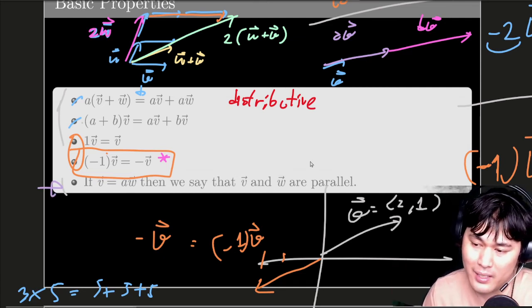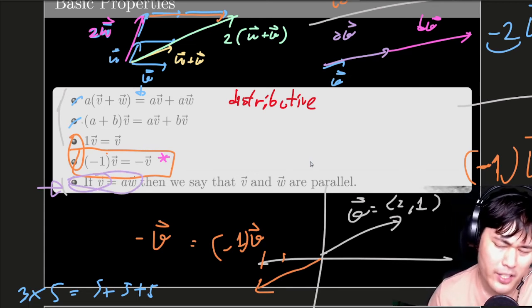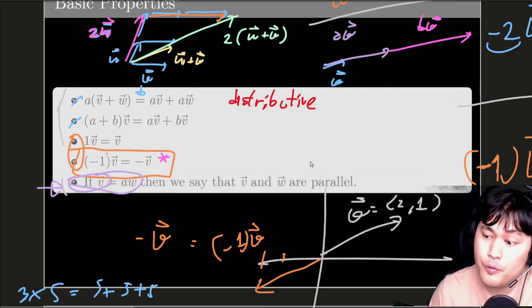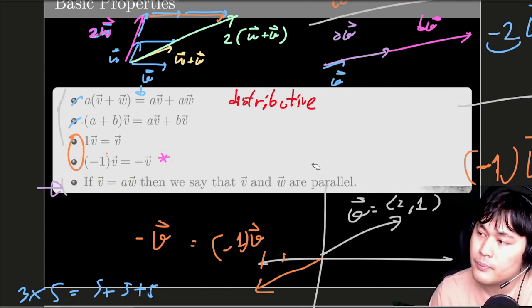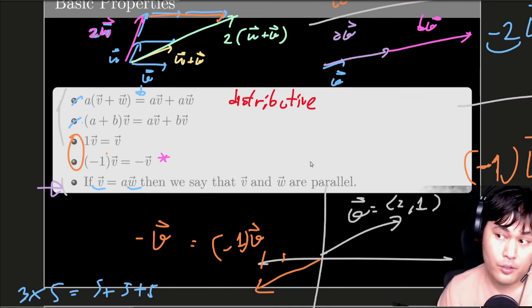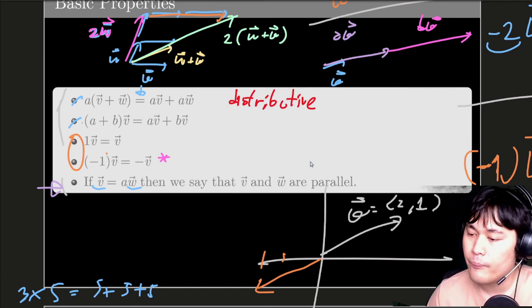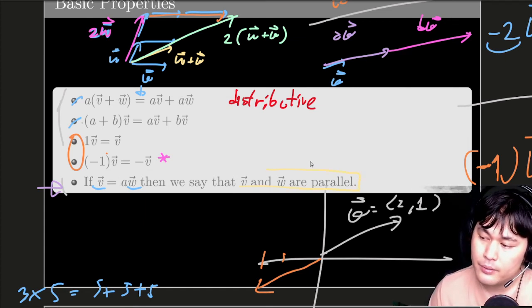And lastly, we have an interesting one. It is both an observation and a definition. If v equals a times w, we have two vectors, and we can relate these two vectors by multiplying a scalar to a vector to get the other vector. Then we say that these two vectors are parallel.